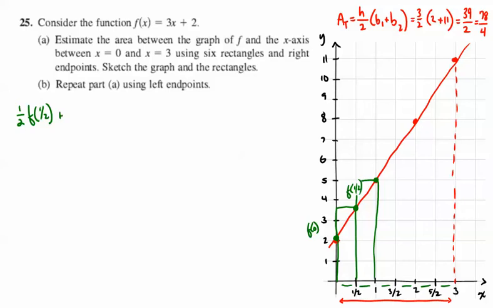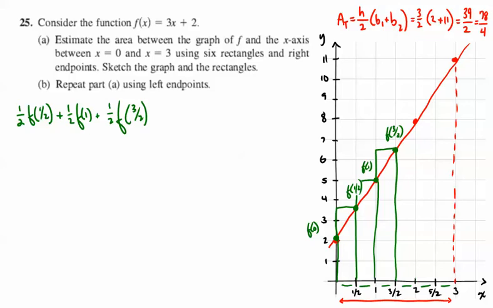Its area would be a base of 1/2, and its height would be f of 1. The next one, we would start at 3/2, and we'd go over. This height would be f of 3/2 here. That's the height of the third rectangle times 1/2. So 1/2 times f of 3/2.